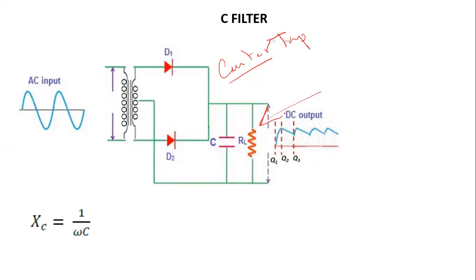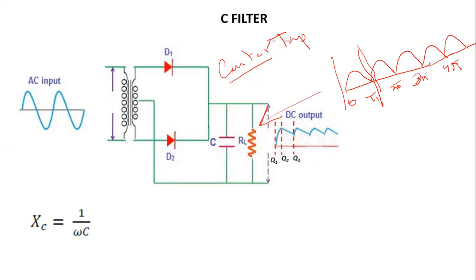Your output voltage across this full wave rectifier was like this, between 0 to pi, pi to 2 pi, 3 pi, and 4 pi, and it goes on like 5 pi and so on. So this is the output of a rectifier where we still have an AC ripple component, as we talked about.